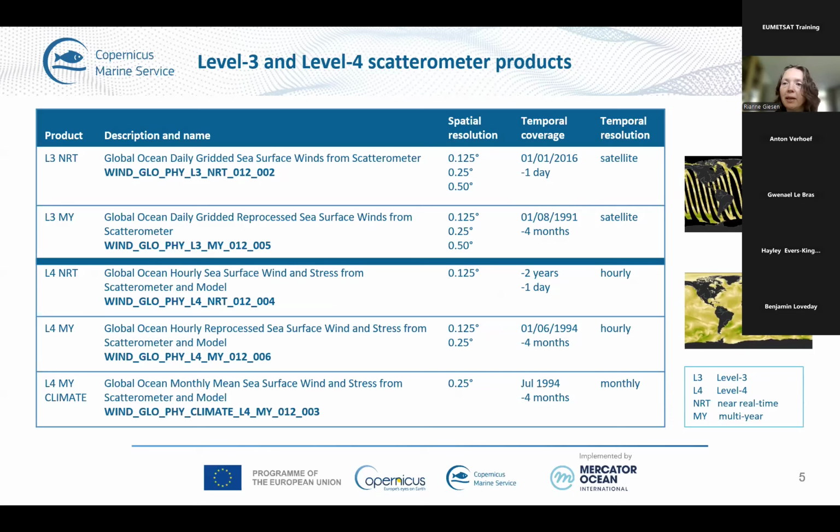So there we only keep the last observation of the day. And these are available in different spatial resolutions depending on the instrument.